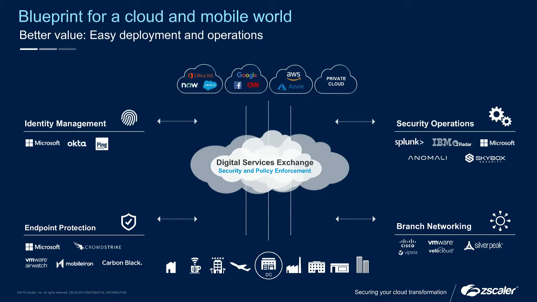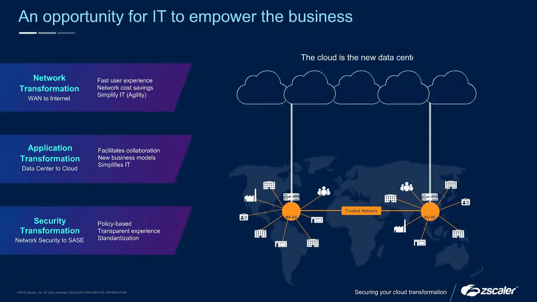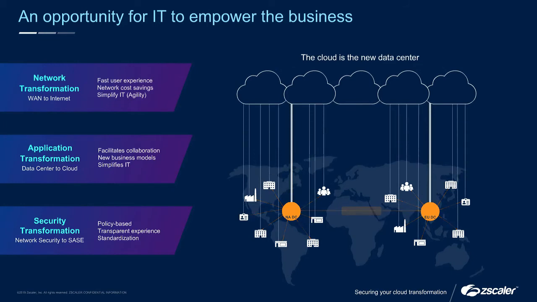You want to be able to use SD-WAN at the branch, have the SD-WAN handle east-west traffic, for instance, and have north-south traffic secured through your cloud provider, through the digital services exchange that allows you to do consistent security policy, consistent business policy as your users go to the internet and as you bring them in to your resources. This allows us to start to look at IT as an enabler of the business.